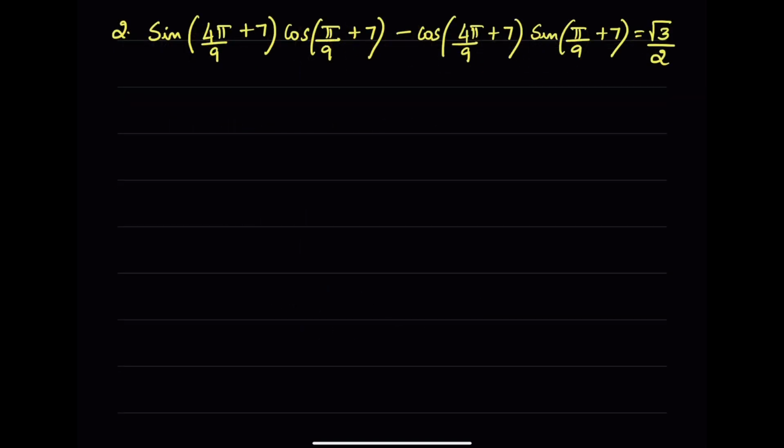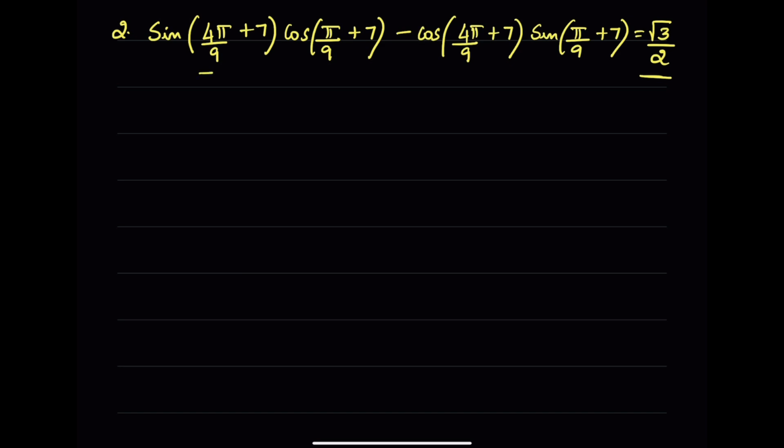So here in the second question, we have to prove that sine of 4 pi by 9 plus 7 times cos of pi by 9 plus 7 minus cos of 4 pi by 9 plus 7 multiplied by sine of pi by 9 plus 7 is equal to square root of 3 by 2.